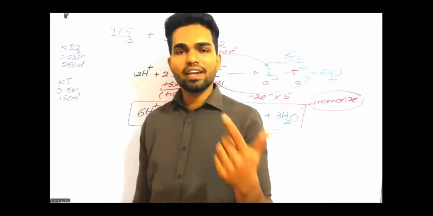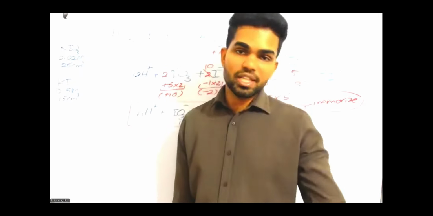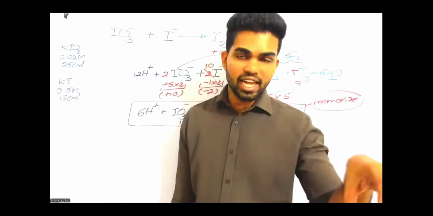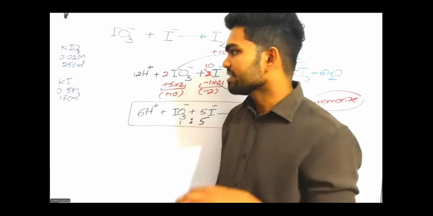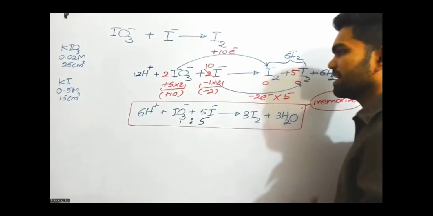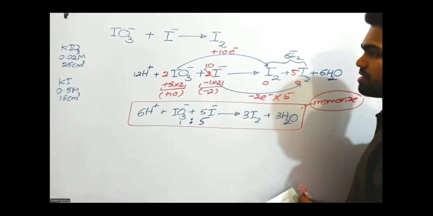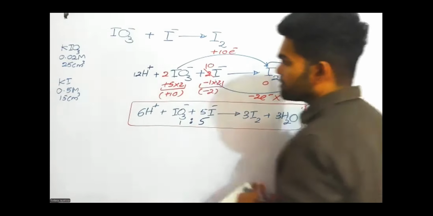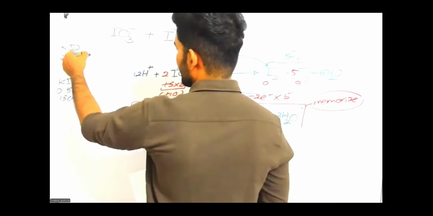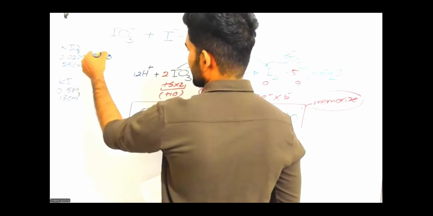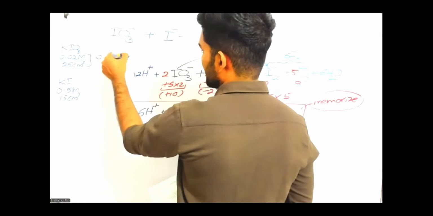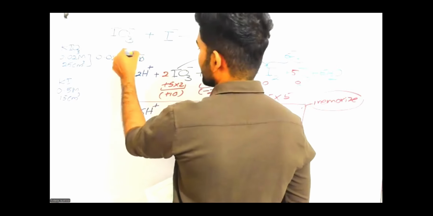So we call that method as ARR method. Added, reacted, remaining. Added, reacted, then remaining. Okay, ARR method. So now let's find out their moles. So how many moles we have added here? 0.02 into 25 into 10 to the power minus 3.